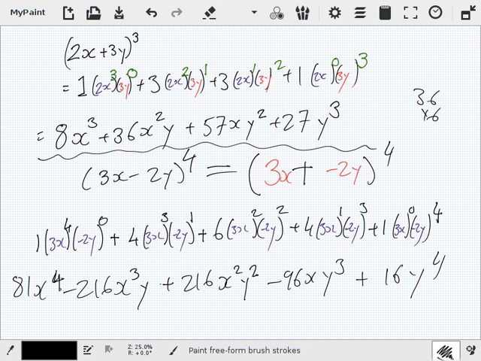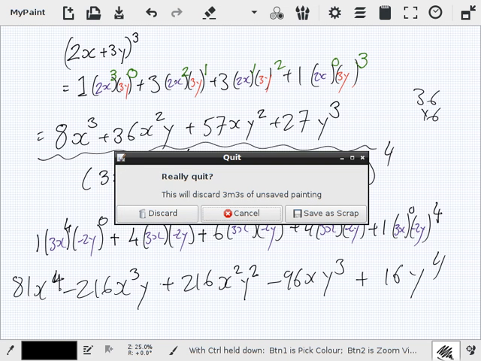What I want you to try now, we'll make it a little bit different. All of question 4. Just do question 4. No, just do all of 4.